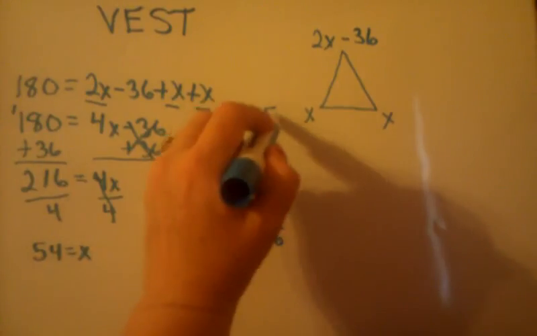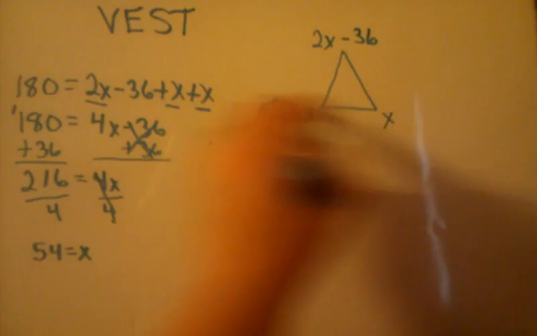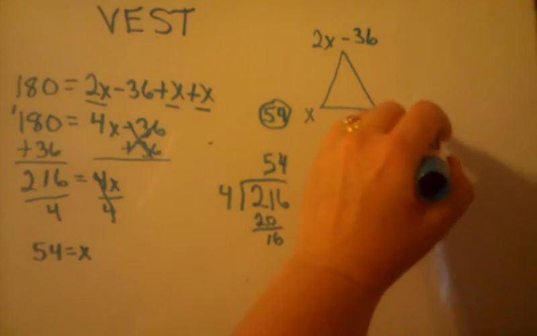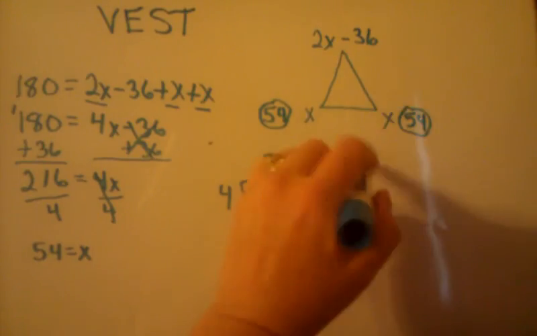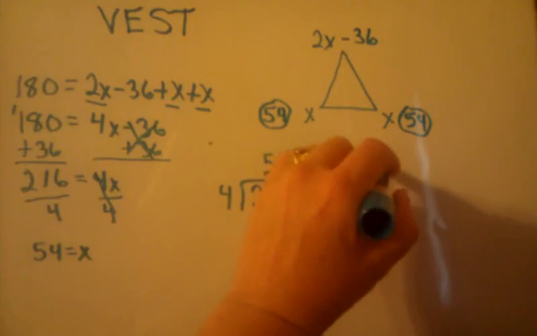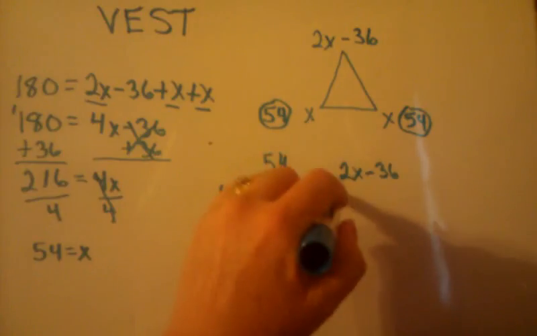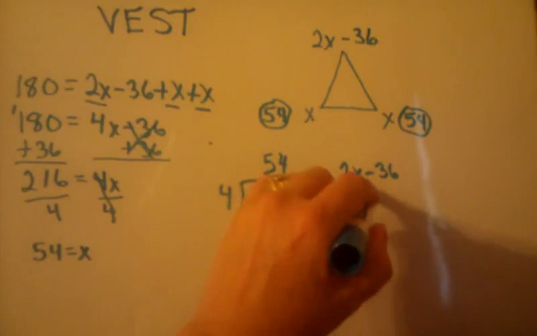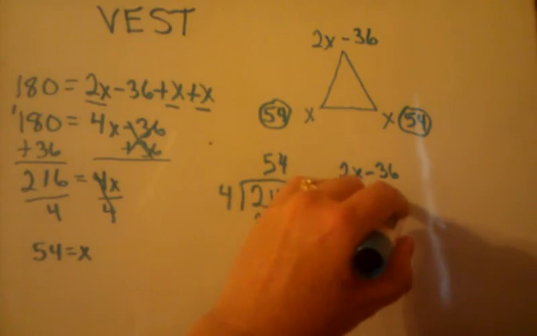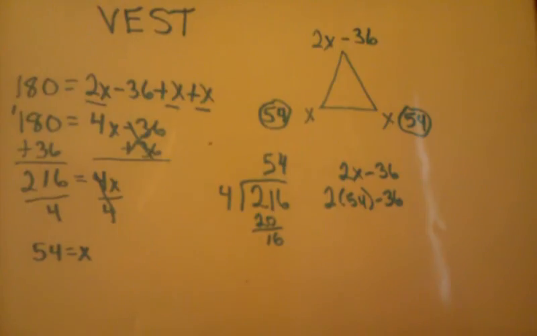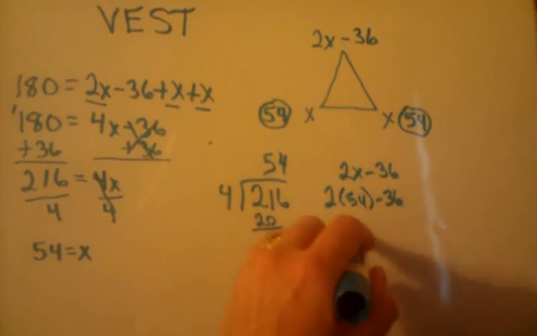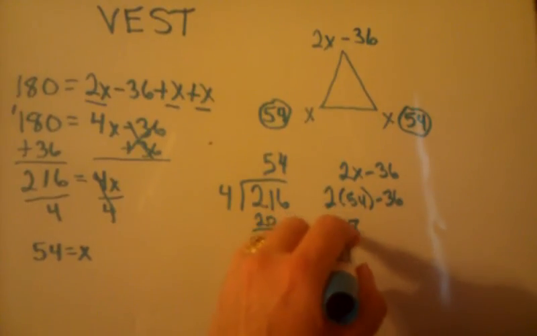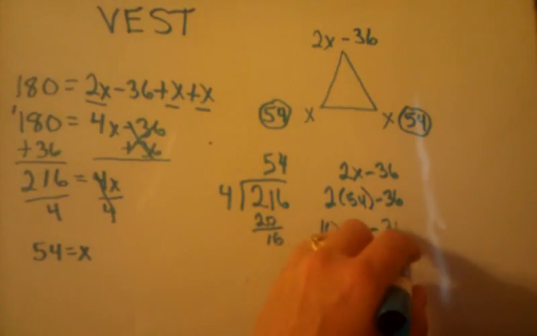So this is 54. And this is 54. Now I have that angle, 2x minus 36. I have to substitute the x for 54. 2 times 54 minus 36. 2 times 4 is 8. 2 times 5 is 10.